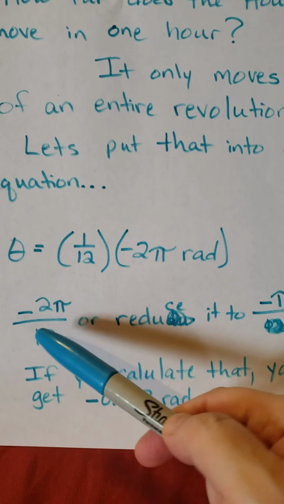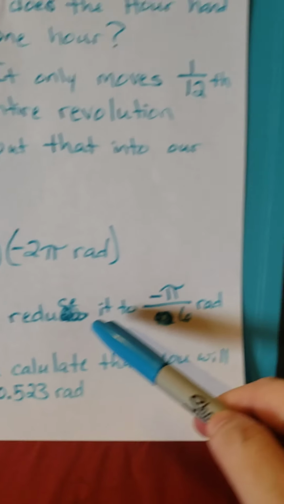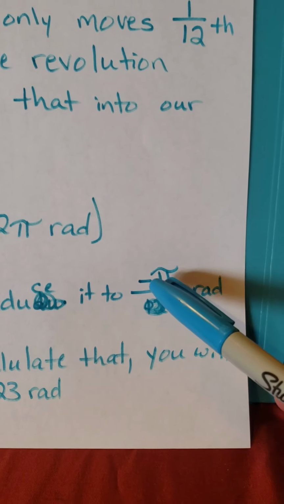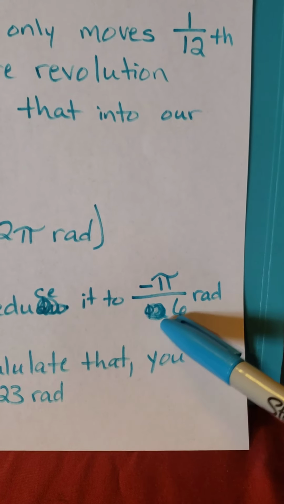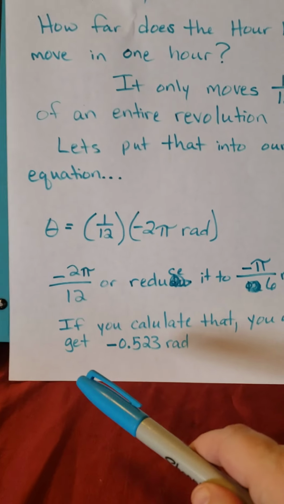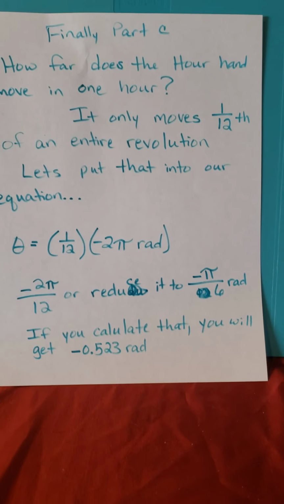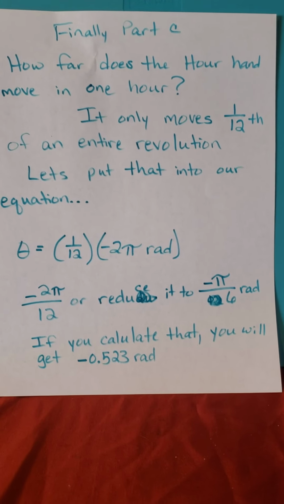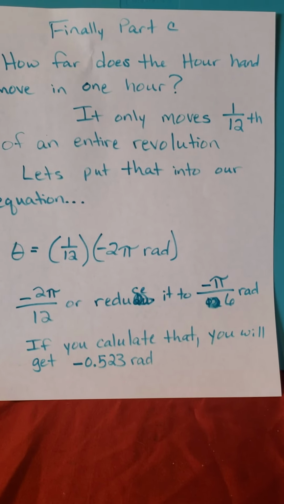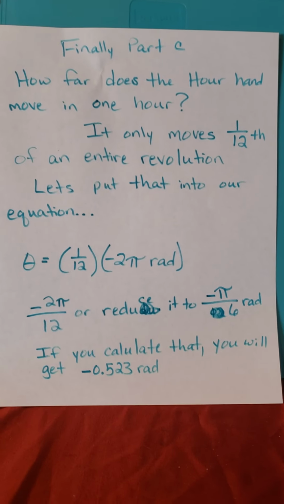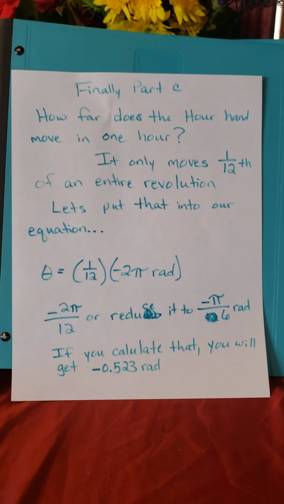Let's reduce that, which takes us to negative pi over 6 radians. If you calculate that, you will get negative 0.523 radians. And why do we go out that far? Because the book asked us to.